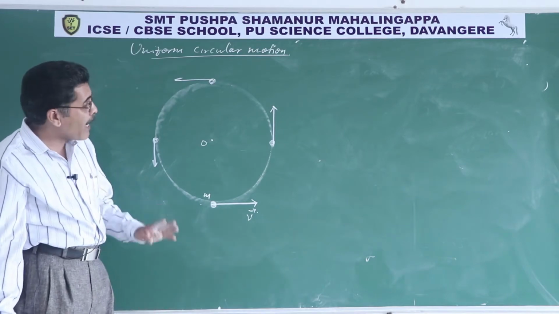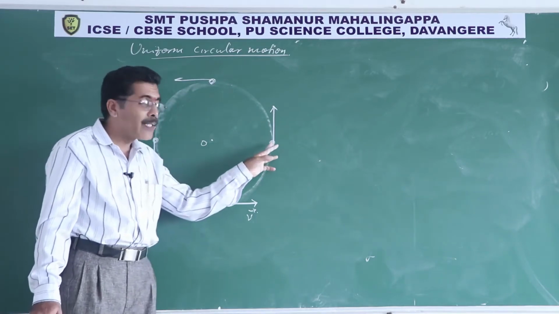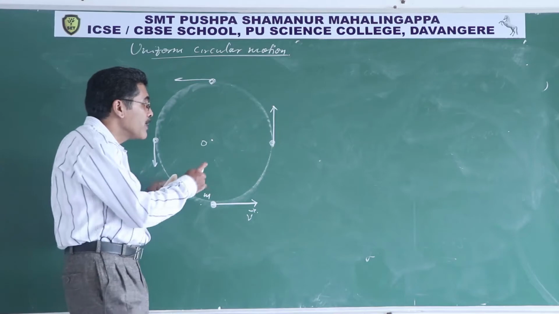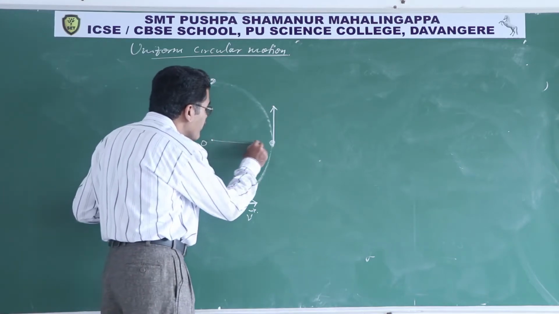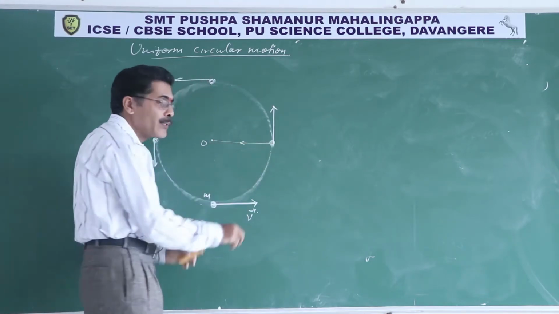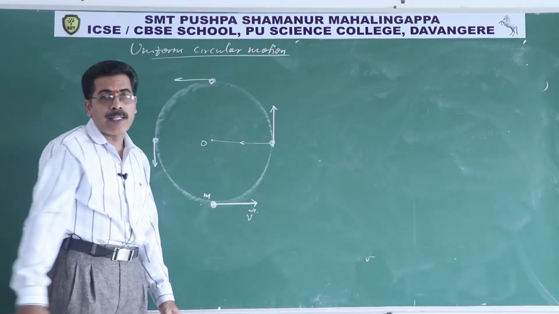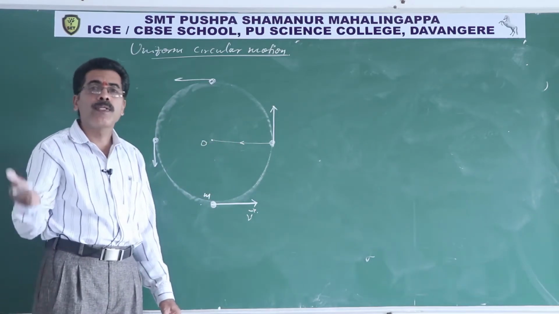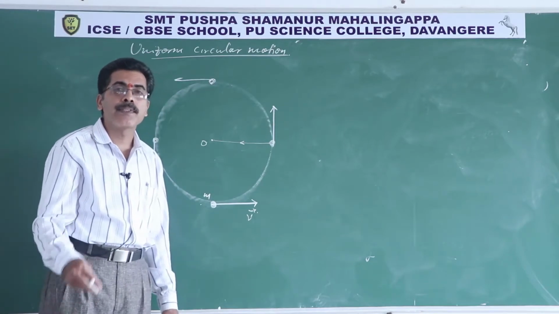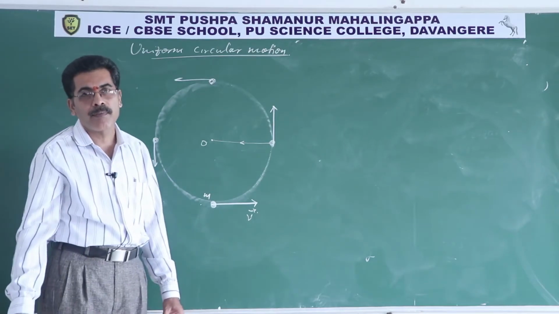And this acceleration is always directed towards the center of the circle. You will have only radial acceleration, and we call this radial acceleration as centripetal acceleration.